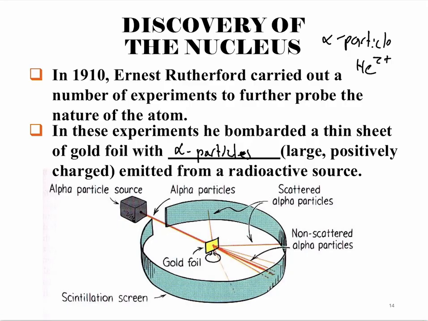But what he actually found was that a whole bunch of the particles made it through. This big thing on the outside here is just a giant detector, right? All it does is detect whenever a little charge hits it at some point. So a lot of them went straight through, most of them in fact, but every now and then you would get one that bounces in a different or odd direction.